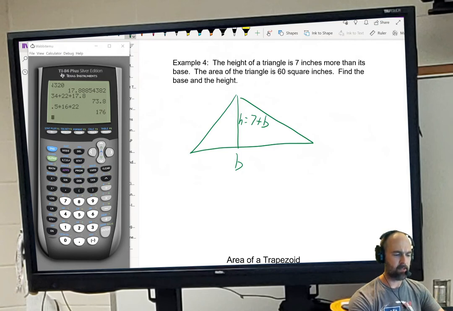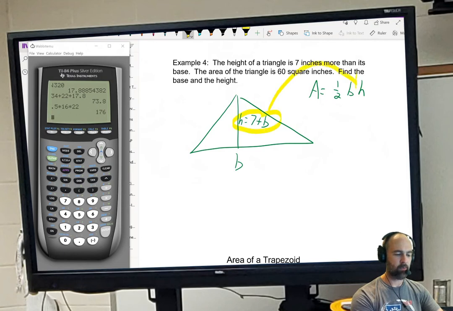Well, let's see. My area formula is 1/2 base times height. But I know that my height is 7 plus b, so I'm going to substitute that in there. So I've got area equals 1/2 times base, and instead of height, I'm going to write 7 plus base.